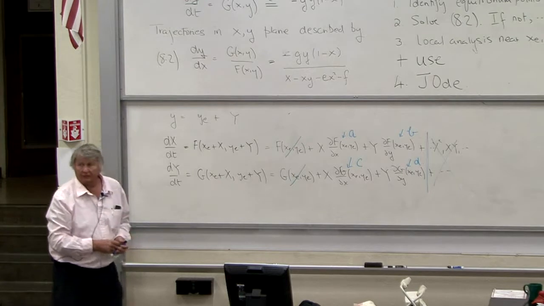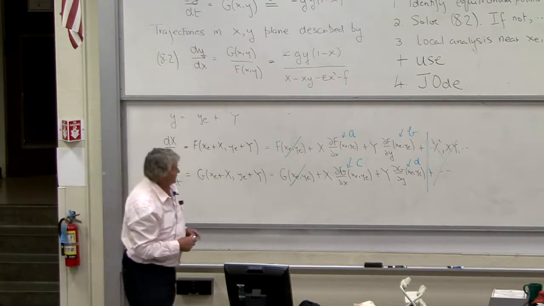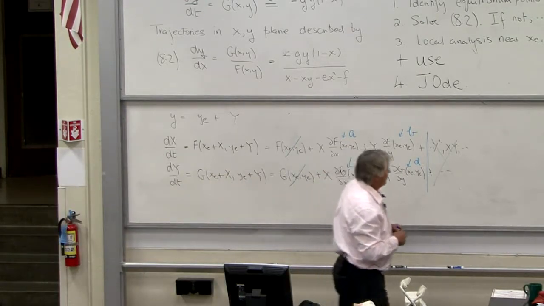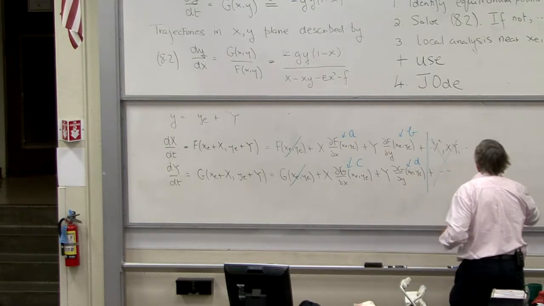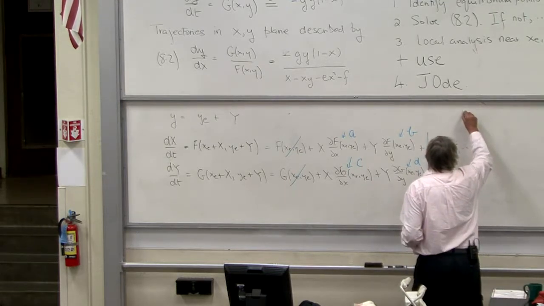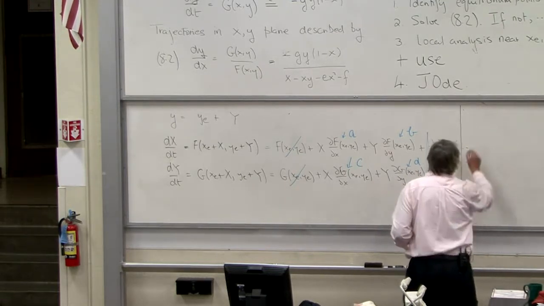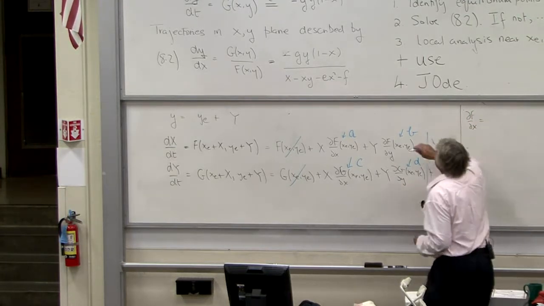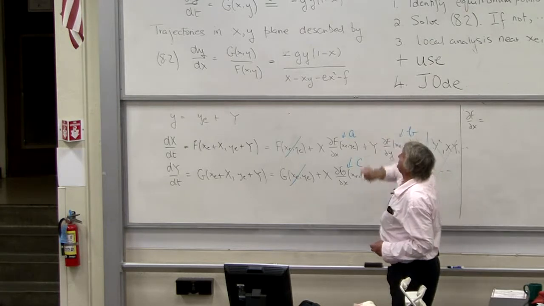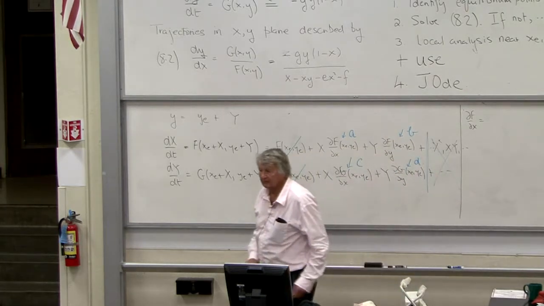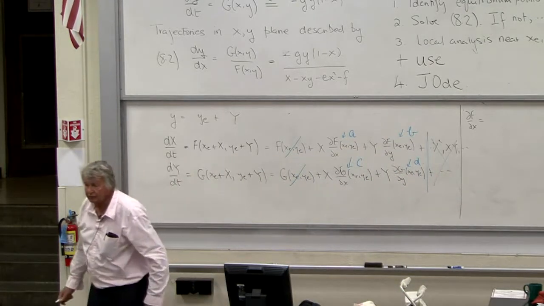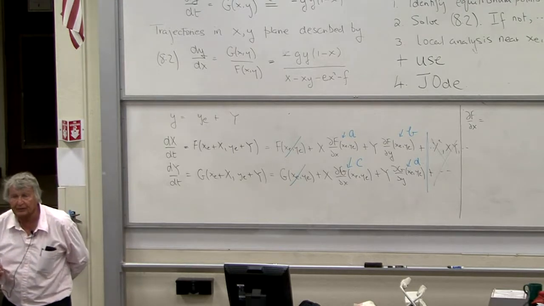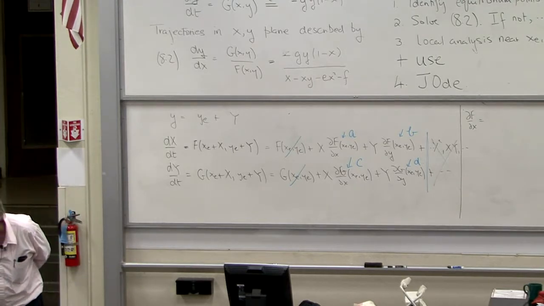Okay, so now let's calculate, in our case here, what they would be. What is df by dx for our example? What is the derivative of f with respect to x keeping y constant?